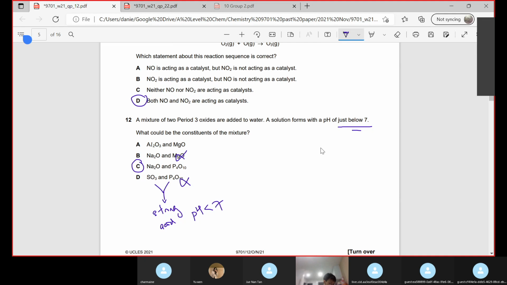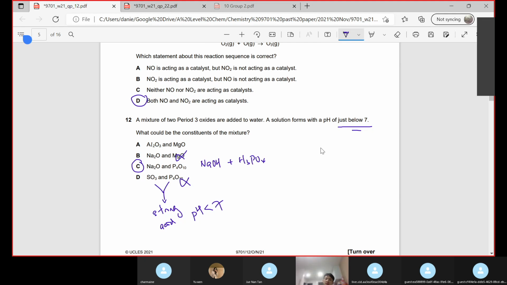Okay, the answer is C. Yeah? Okay, C. NaOH, if you dissolve in water, we will get sodium oxide. If you dissolve in water, you will get sodium hydroxide. Then P4O10, you will get H3PO4, right?